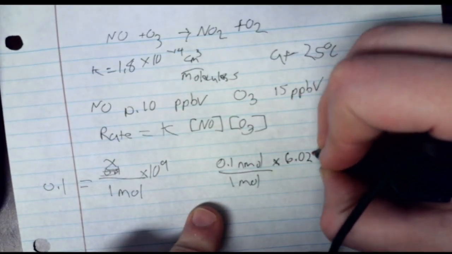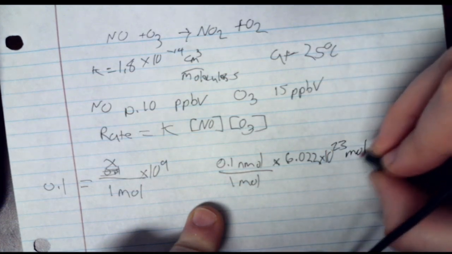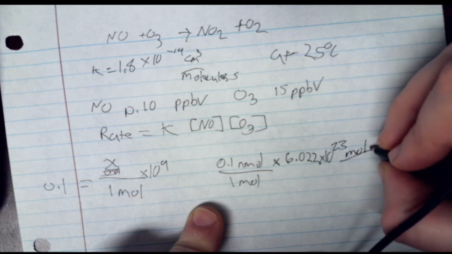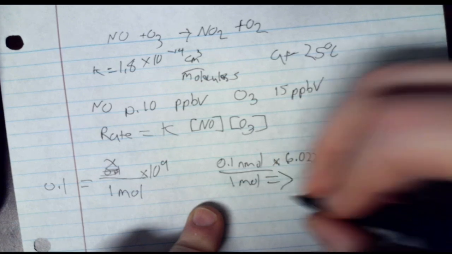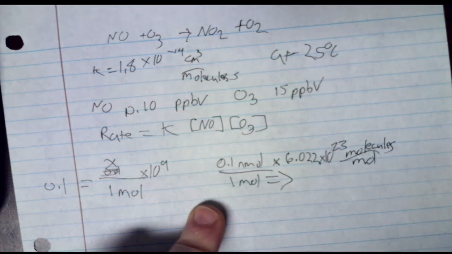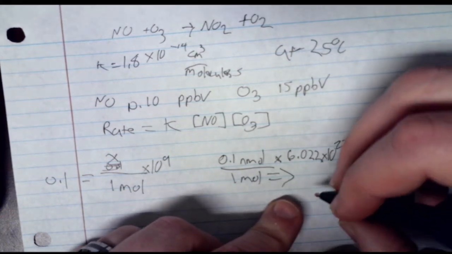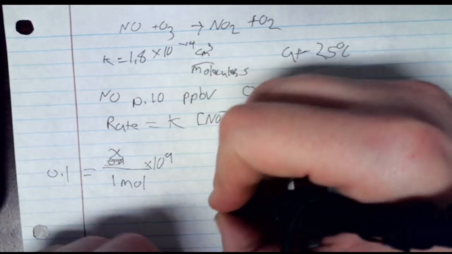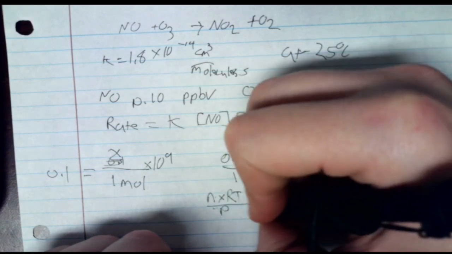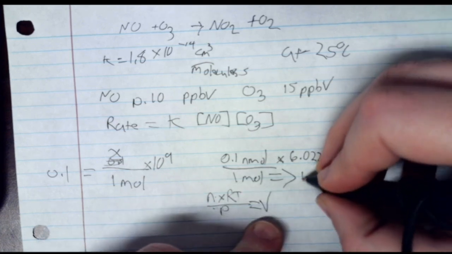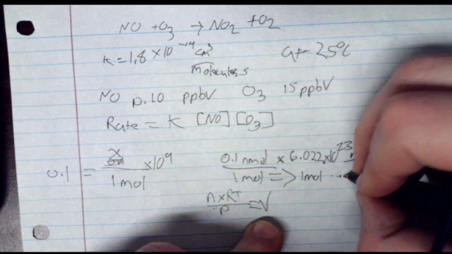So 1 mole is 6.022 times 10 to the 23rd molecules per mole. And we need to turn this number into a volume in centimeters cubed. The way to do that is, since this is a mole, nRT over P is equal to V. So we can take that 1 mole and multiply by our R, our temperature at 298, and divide by a pressure.